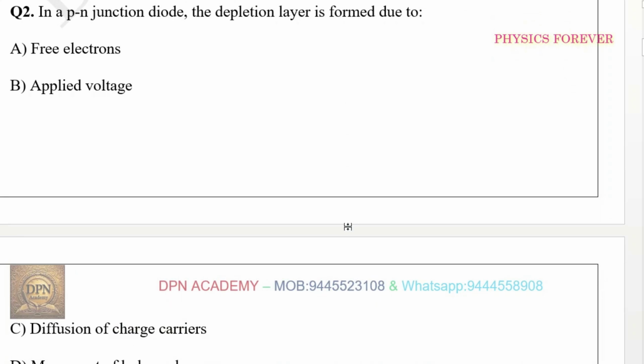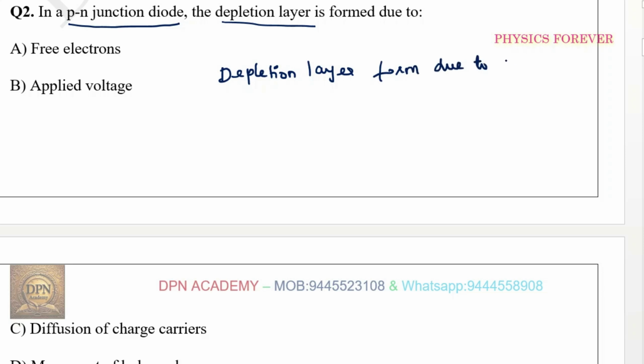In a PN junction diode, the depletion layer is formed. So how does the depletion layer form in a PN junction diode? The depletion layer forms due to the diffusion of charge carriers.